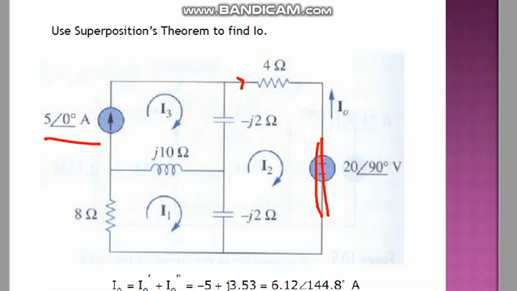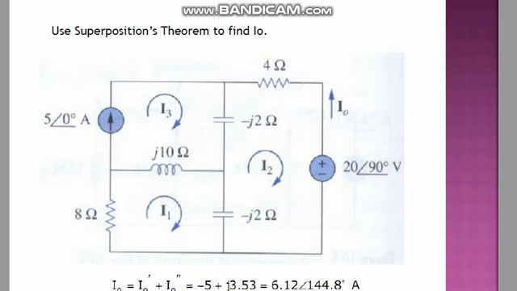In the second portion, when you activate this voltage source, the current source should be open circuited, so there will be nothing here. That's important, and after that you can calculate by just adding these two currents.